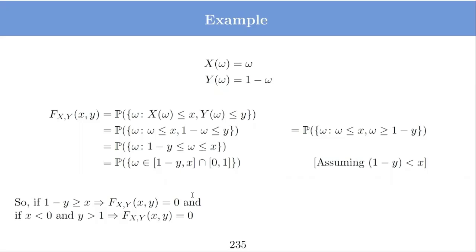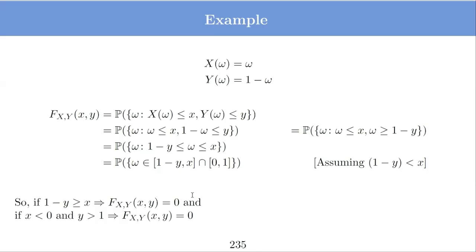Similarly, if I compute the CDF of X and Y, it will be the probability that omega is less than or equal to x and 1 minus omega is less than or equal to y. So this gives the condition that omega should be greater than 1 minus y and less than or equal to x.